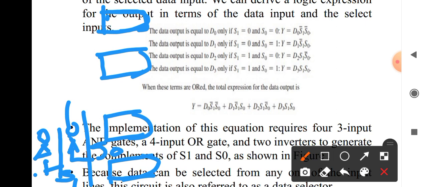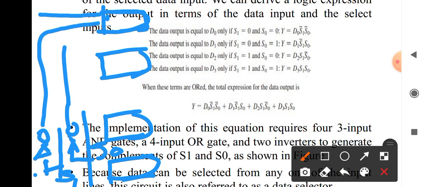For D0, we connect D0 here, and it will be S1 complement into S0 complement, so the complements are obtained here and given to this AND gate.